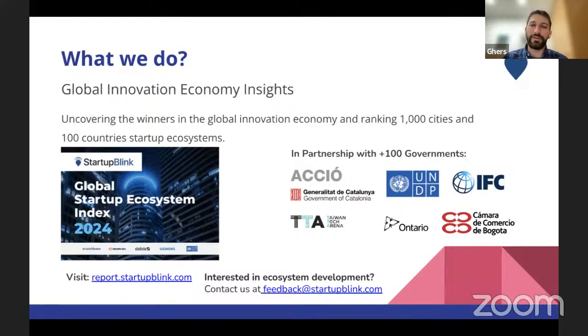We work together with partnerships in more than 100 governments around the world at every level, and you can download this year's edition of the Global Startup Ecosystem Index at report.startupblink.com.